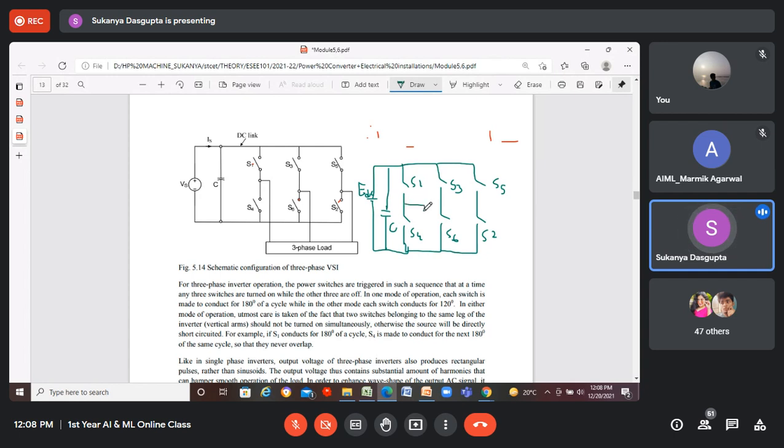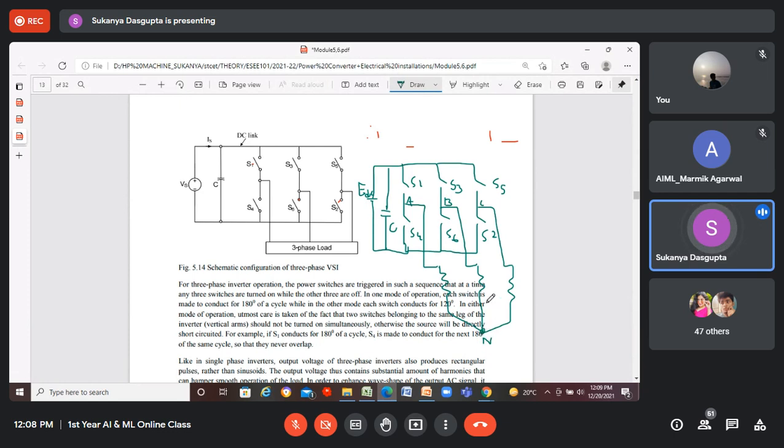So how to connect the load? This is for phase A, this terminal, the center point. This is for phase B, and this is for phase C. So what I will do, taking only the resistive load, pure resistive load.